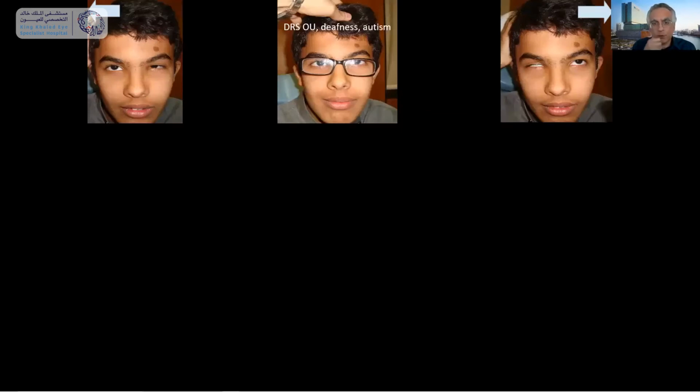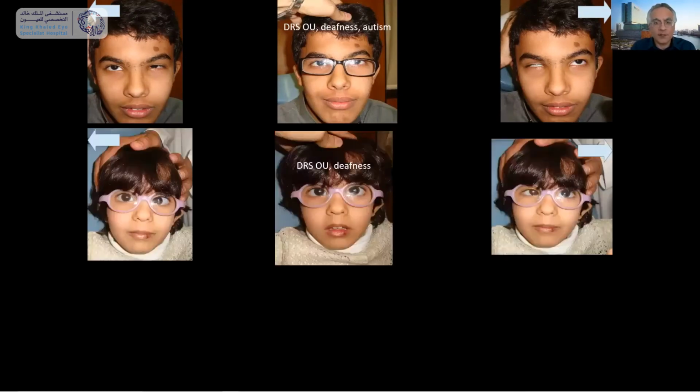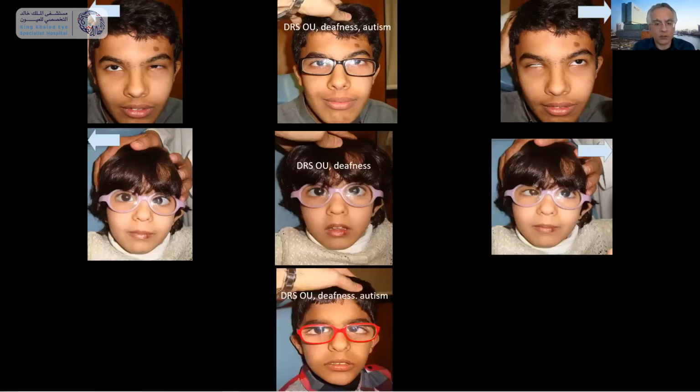Now here's a boy with Duane syndrome in both eyes, deafness, and autism. Same thing with his sister, Duane syndrome in both eyes, deafness. His brother also, Duane syndrome, deafness, and severe autism, unable to take his side pictures. When you see bilateral Duane syndrome and autism, you are most likely dealing with the HOXA1 phenotype.